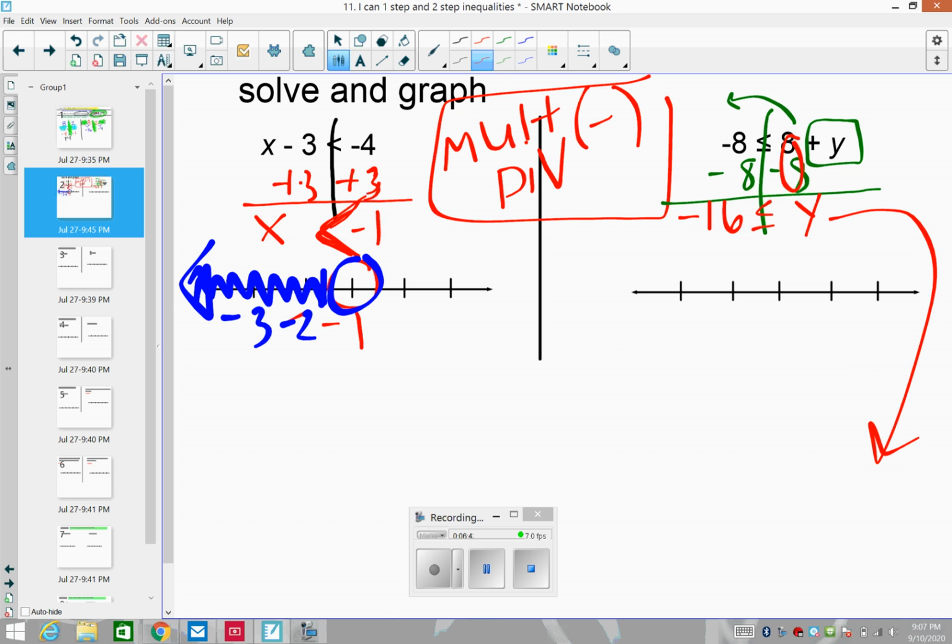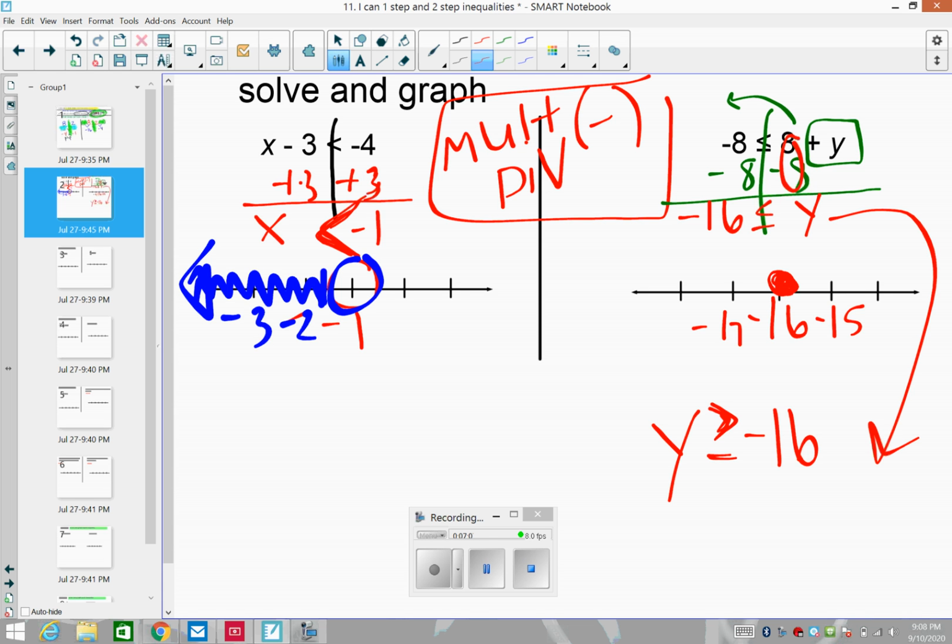Now to graph this, I'm somebody that needs to have the variable on the left. So I'm going to take this entire statement and flip everything in the statement, which means it's going to become greater than. I'm going to put a -16 in the middle. And one bigger than -16 is -15, because we're talking negatives now. And because this has the equal to bar on the bottom, I'm going to shade that circle in at -16.